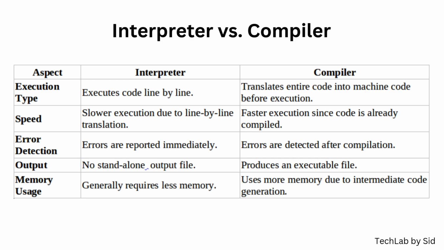In an interpreter, errors are reported immediately, whereas in the case of a compiler, errors are detected after compilation. An interpreter does not create a standalone output file, whereas a compiler produces an executable file. An interpreter generally requires less memory, whereas a compiler uses more memory due to intermediate code generation.